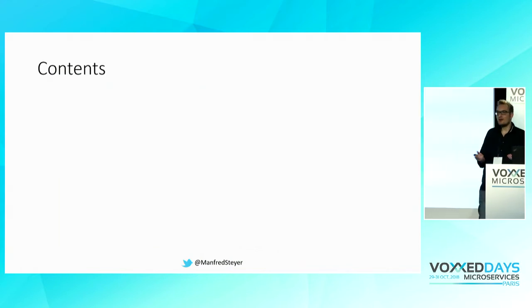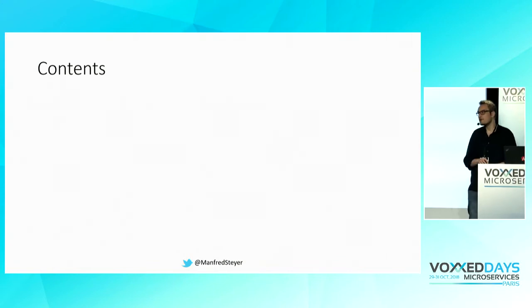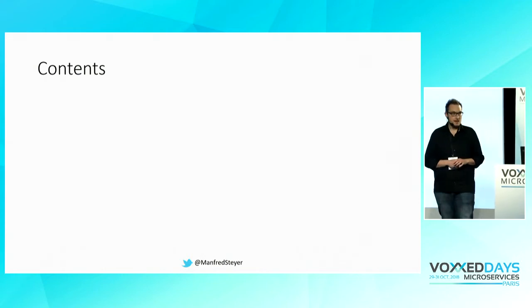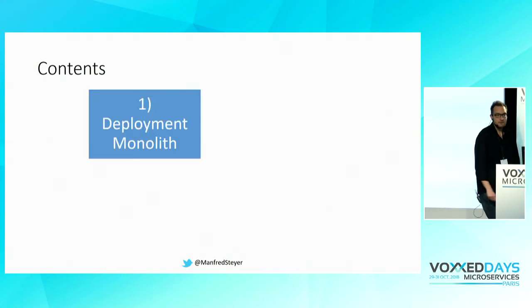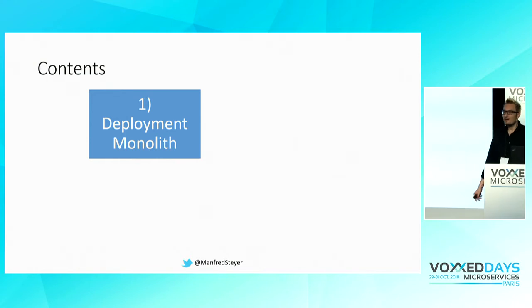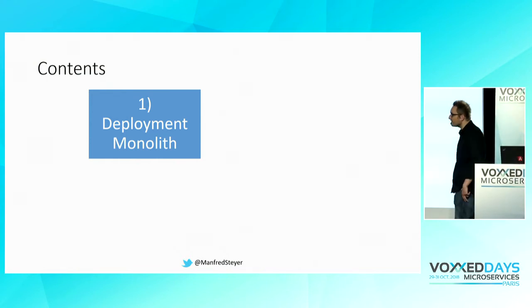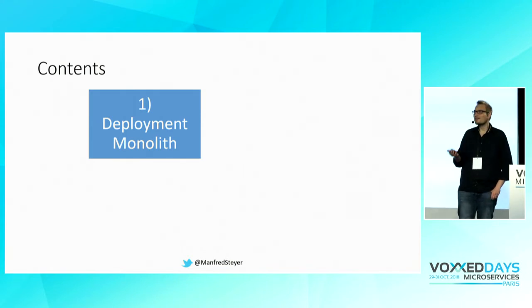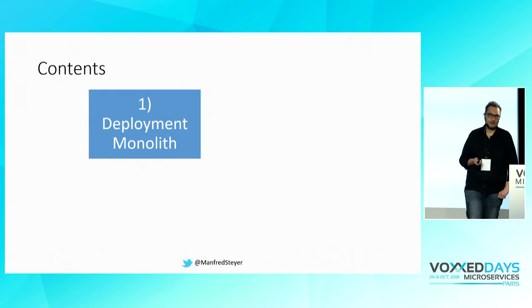In this talk, I will present 3 ways to get around with single-page applications in a microservice-based environment. And for this, I will start with a deployment monolith, something that isn't really a microservice solution, but it can be done, and most of the frameworks support it quite nicely.